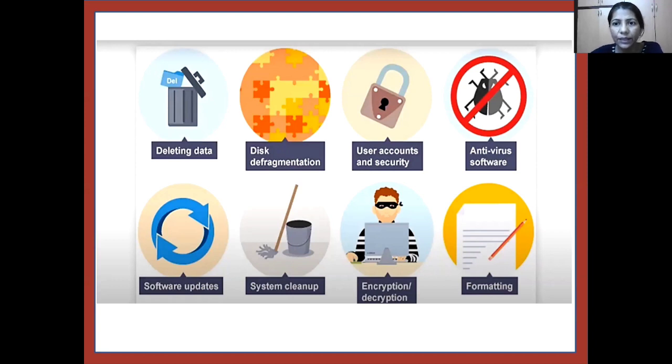As you can see on the screen, if you want to delete something, we can do it through utility programs only. If you want to use any antivirus, like the security and scanning part, it is done only through a utility program. Okay, fine. So one by one, we are going to learn about these utility programs.